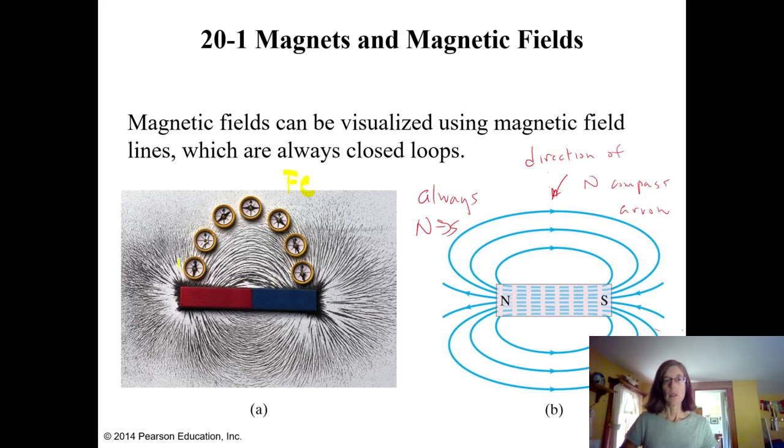And what's also interesting is if you took a compass, which always points to magnetic north, it always points from north to south, and the field lines also always go from north to south. And the direction of north is always going to be tangential to these field lines. So as we move a compass around, we can see that the north-facing compass is tangential to the field lines.